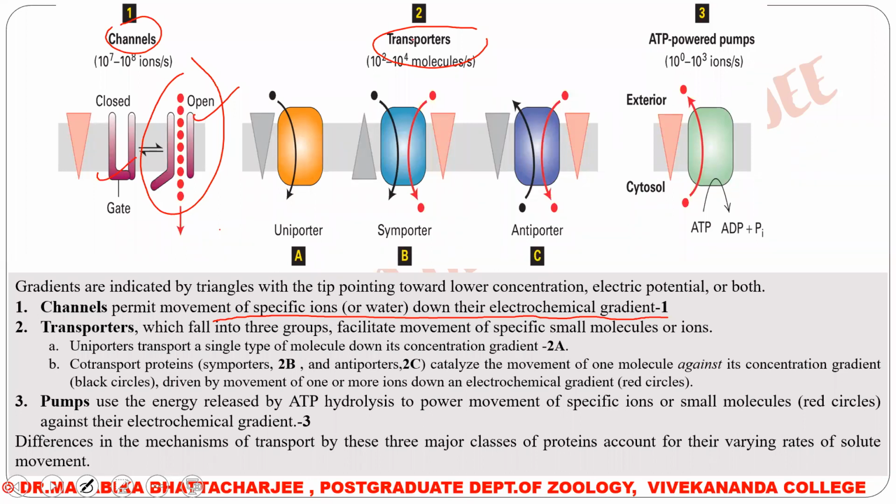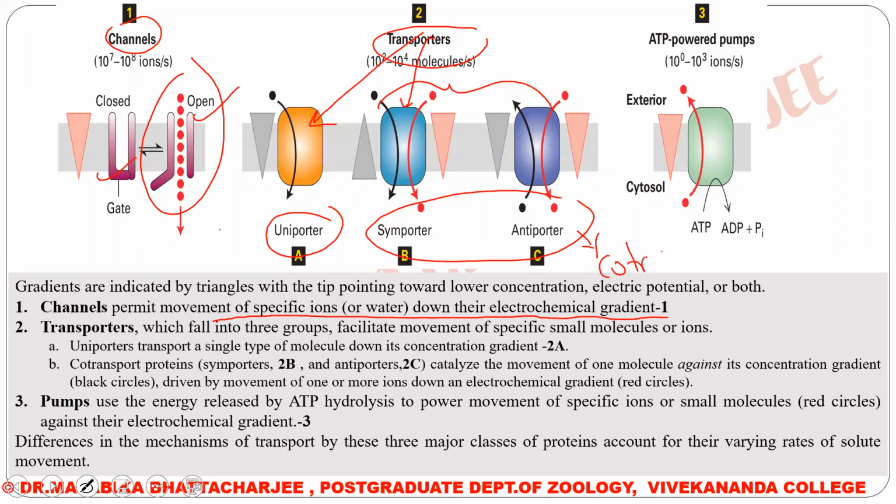When we are talking about transporters, there are two basic categories. The first one is called uniporter, and these two together are known as co-transport.